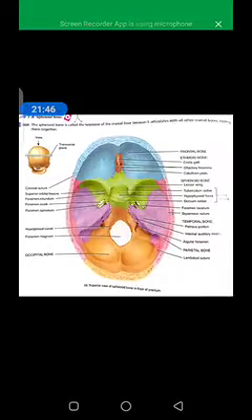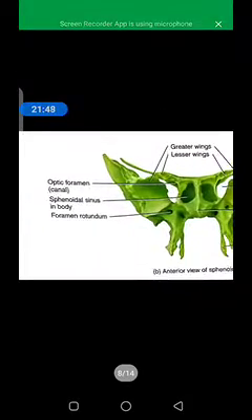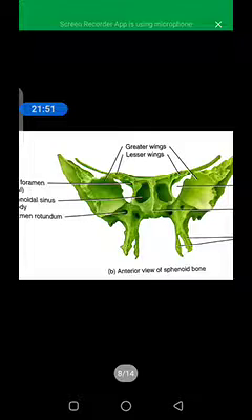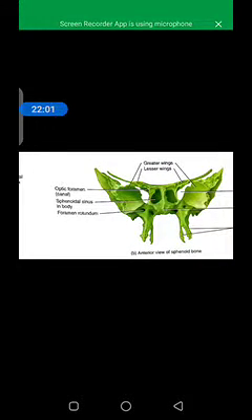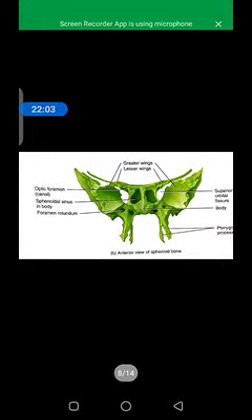See, this is the view of your sphenoid bone. If you see it from the front, the frontal view of this sphenoid bone looks like this. There are lesser wings and greater wings.